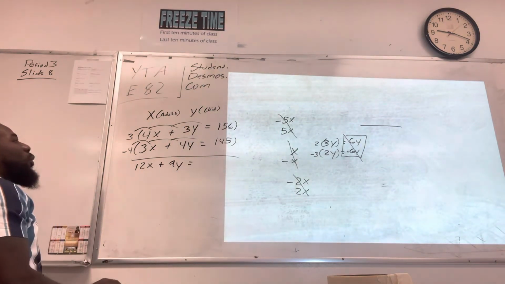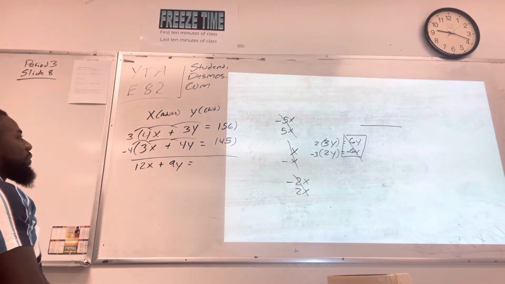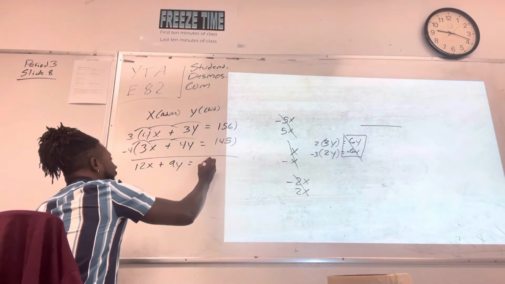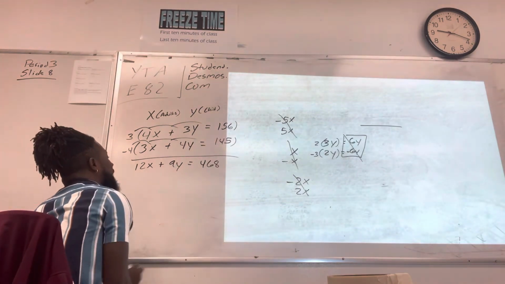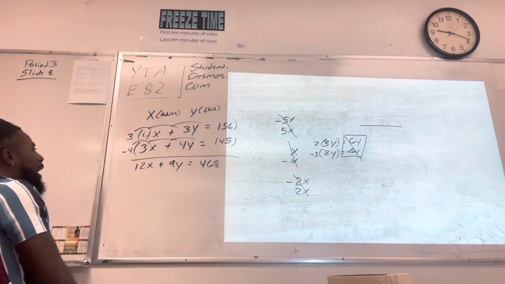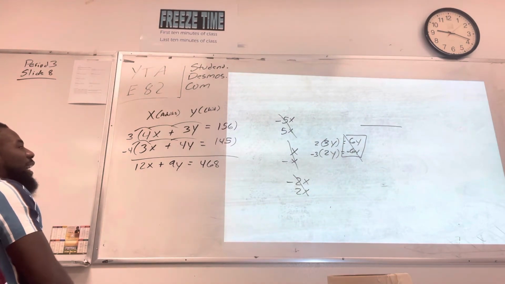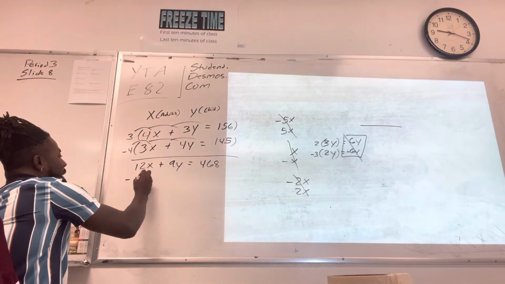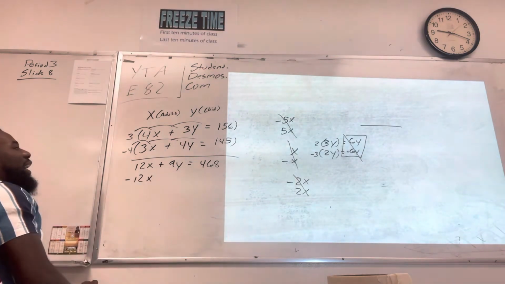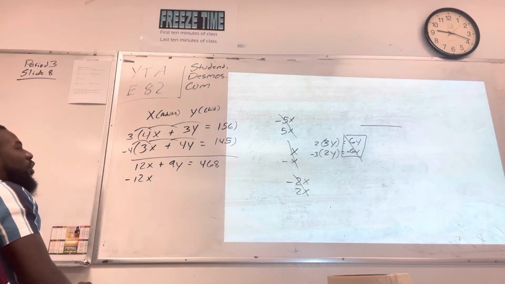Okay, 3 times 156. 468. There we go. Now let's do the bottom. Negative 4 times 3x. Negative 12x. Negative 4 times 4y.